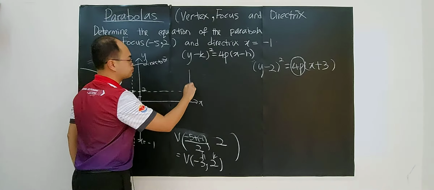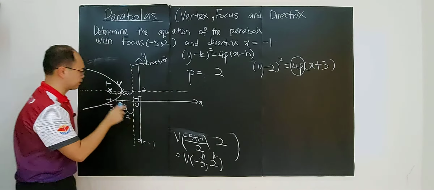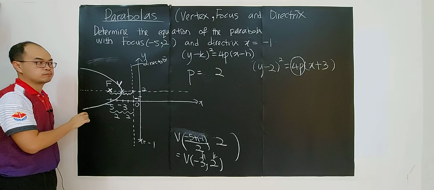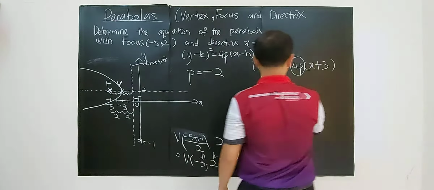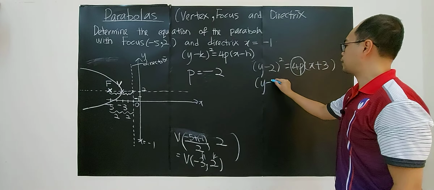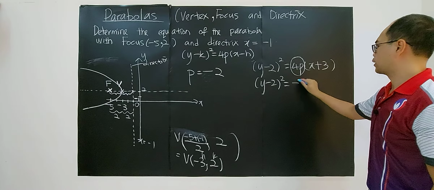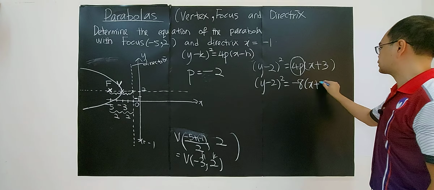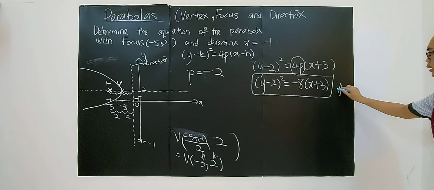So the value of p is 2, but positive or negative? Very simple. Open to the left will be negative, right? -2. So then you substitute in here, you will have (y minus 2) squared equals 4 times -2, you will have -8(x plus 3). And complete, you have constructed your equation of parabola.